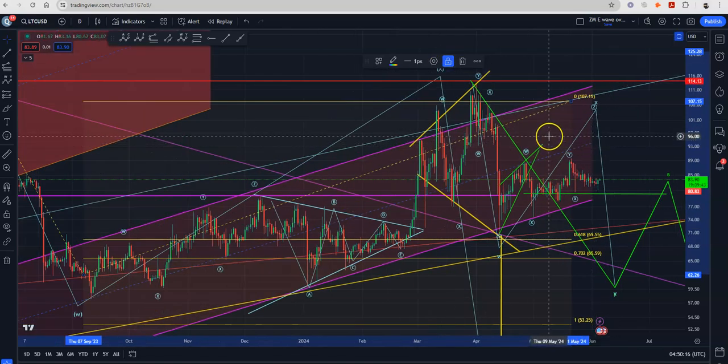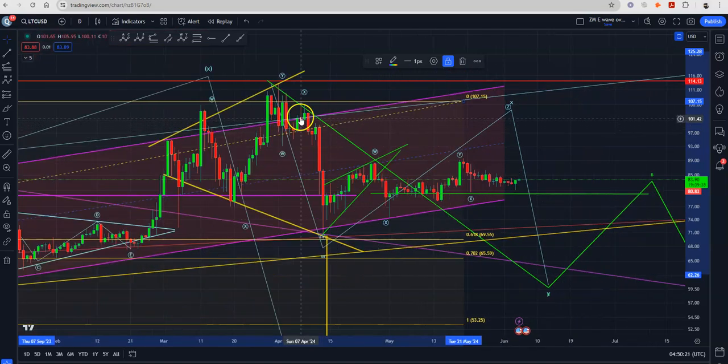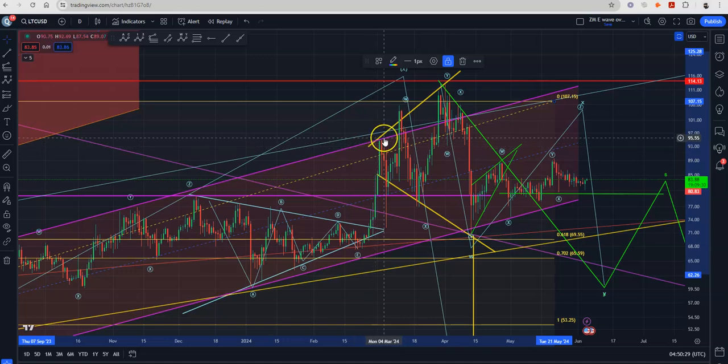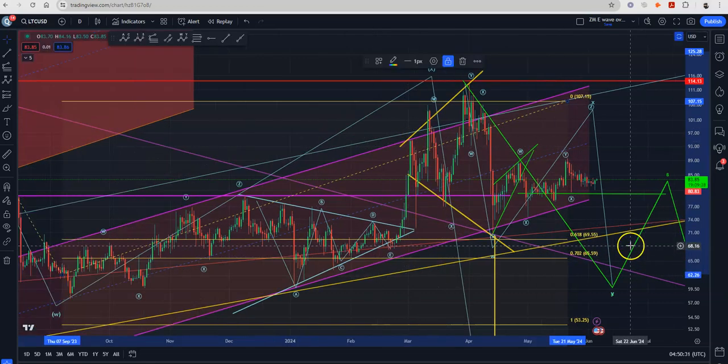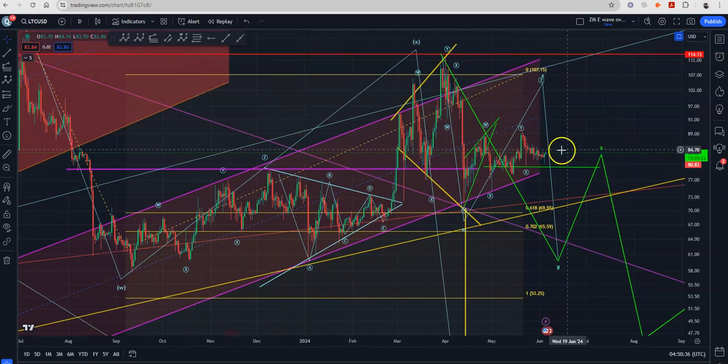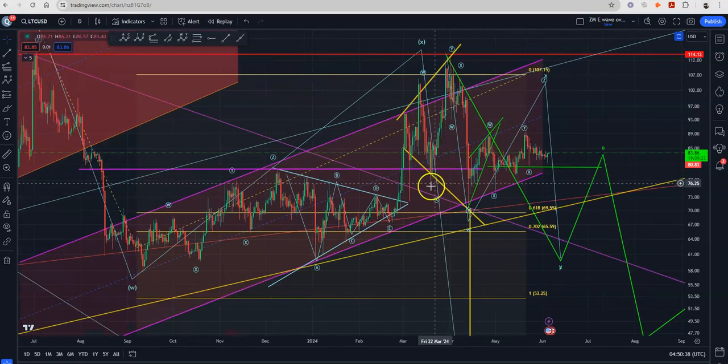But so far, as you can see, Litecoin, and excuse the messy chart here. If you notice, there's like a megaphone pattern playing out here. And this can also be taken into an Elliott wave structure here as a 5-3 ending triangle, 5 wave.